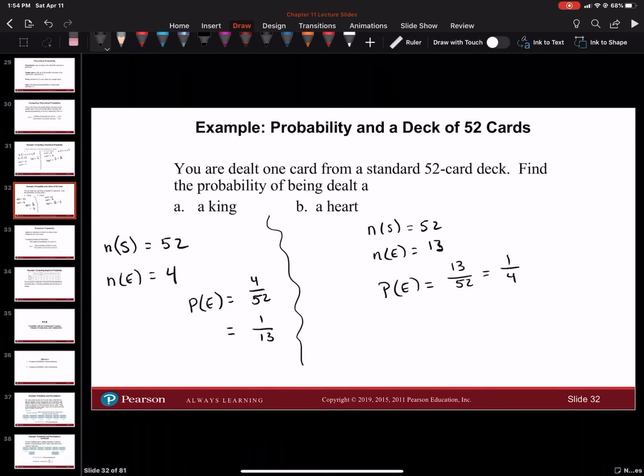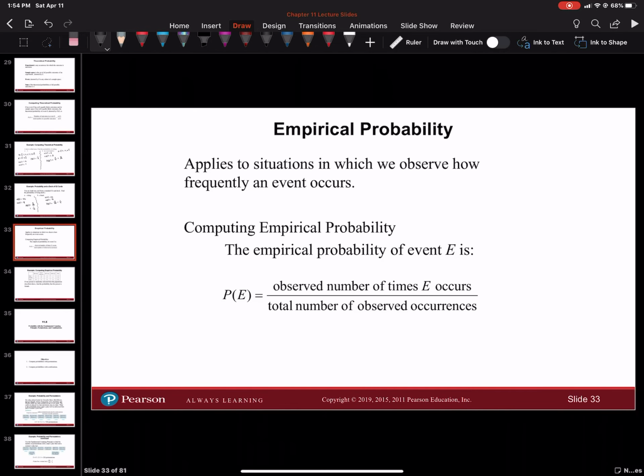So let's look. Empirical probability implies the situations in which we observe how frequently an event occurs. Computing empirical probability: the empirical probability of the event E is the observed number of times E occurs over the total number of occurrences.